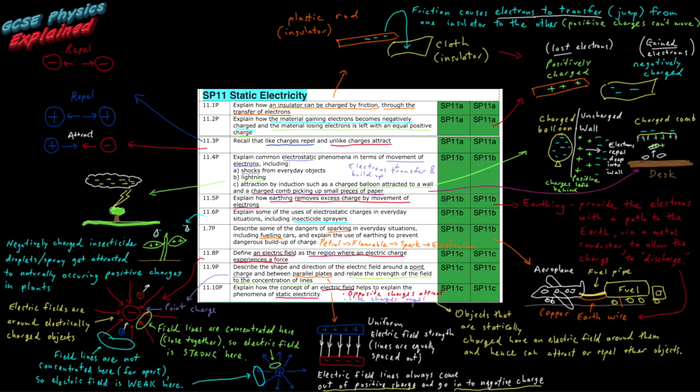They build up in the clouds, and then once it gets big enough, there's a discharge of electrons that comes down as a lightning strike. And attraction by induction, such as a charged balloon attracted to a wall, and a charged comb picking up small pieces of paper.